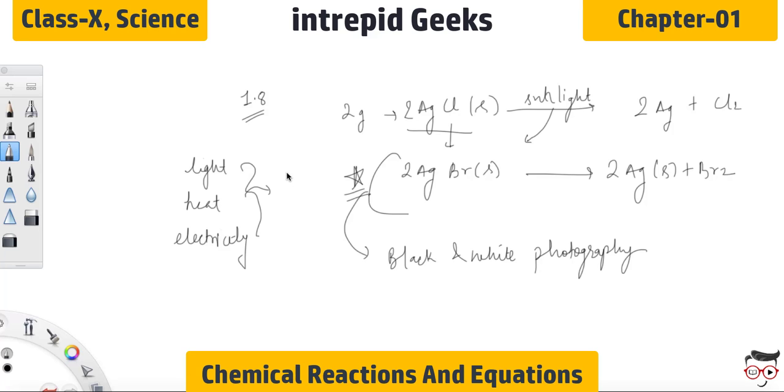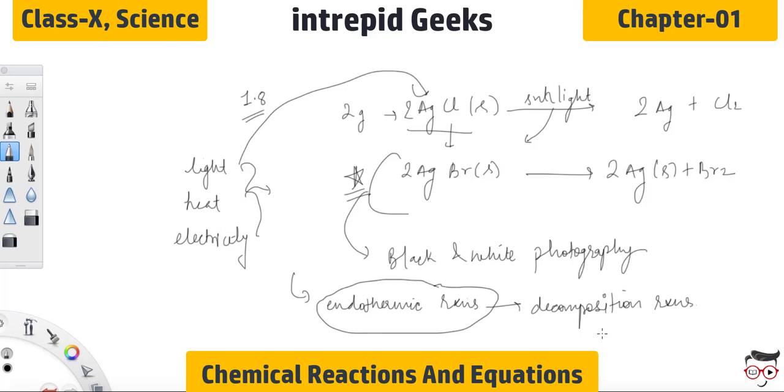You must have noticed that in decomposition reactions we are using heat, and in combination reactions we were getting the heat. So the combination reactions were exothermic in nature, while the decomposition reactions are endothermic in nature.